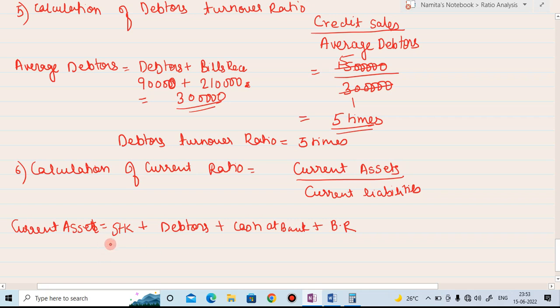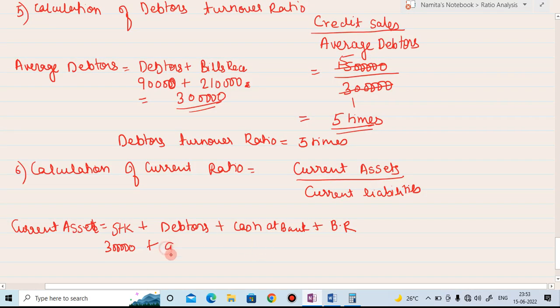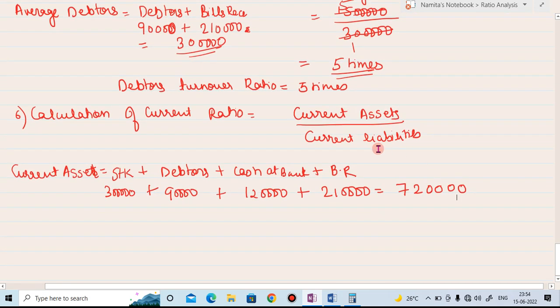So stock amount is 3 lakh rupees plus debtors is 90,000, plus cash at bank 1 lakh 20,000 plus bills receivable 2 lakh 10,000. So add all these, the total will be 7 lakh 20,000. Now we got the amount of current assets, that is 7 lakh 20,000.